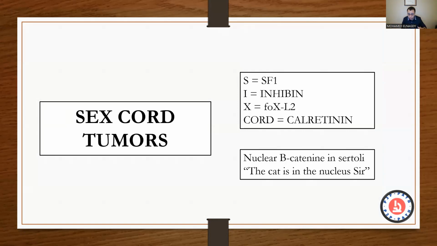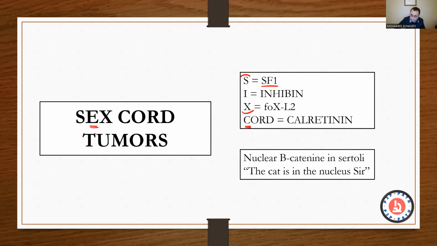Then sex cord tumors. There is also an immunohistochemistry panel that we order to confirm that this is a sex cord tumor. It's not a germ cell tumor, which actually comes from the name sex cord. But please modify from sex to 6. So 6 and then cord, the C in the cord.